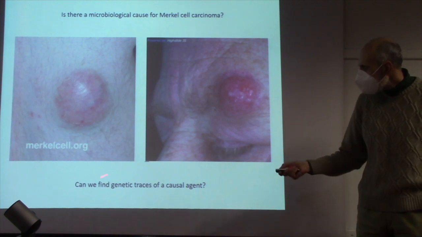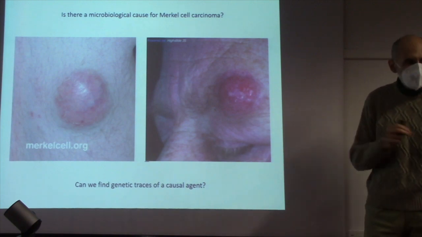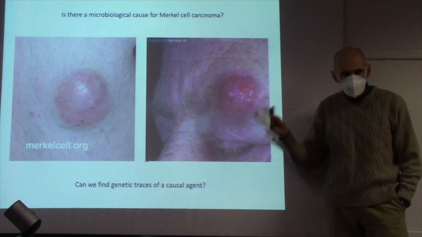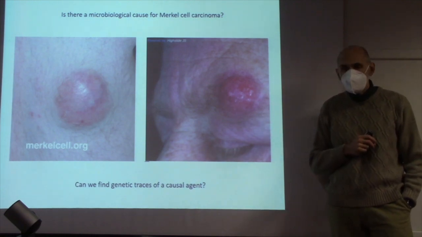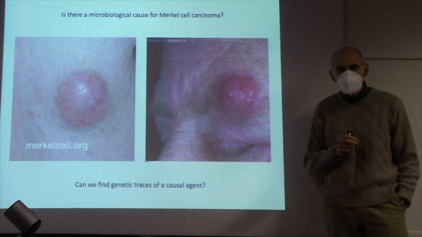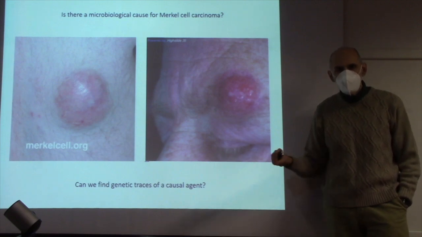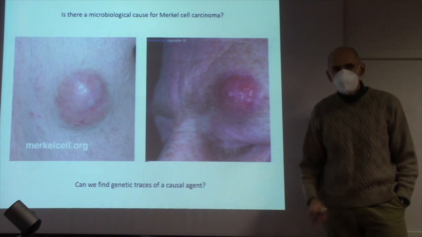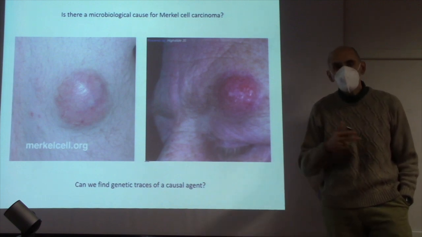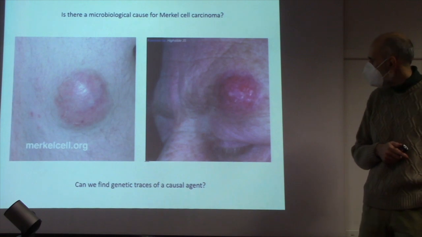Nonetheless, we expect to find some genetic traces of the infectious agent, because in all the instances we know of, the oncogene must remain in the tumor cells in order for the cells to remain tumorigenic. If they lose it, they either die or stop growing, or anyway no longer display the tumor phenotype.